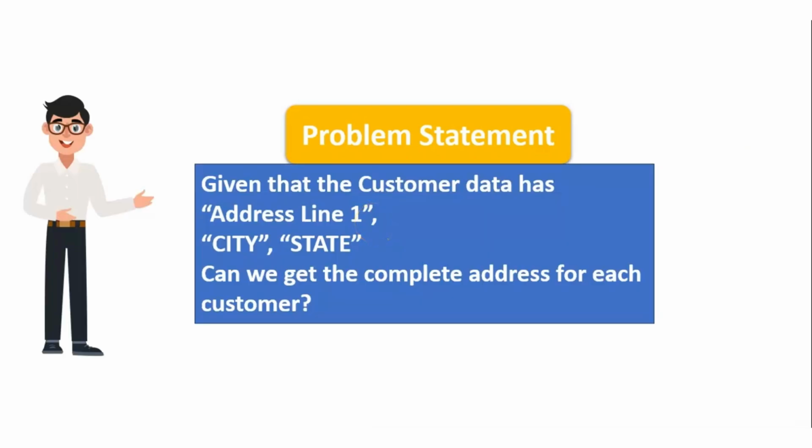Let us understand this better with the help of a sample query, which is: given that the customer data has address line 1, city and state, can we get the complete address of each customer? In our Excel series workbook, we will try to solve this query using all the three functions.